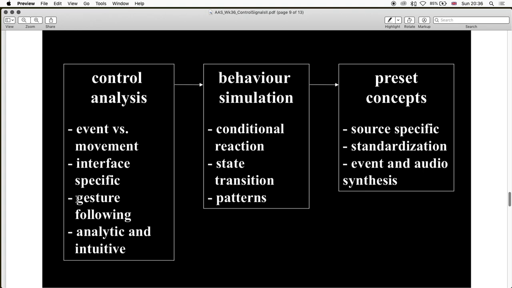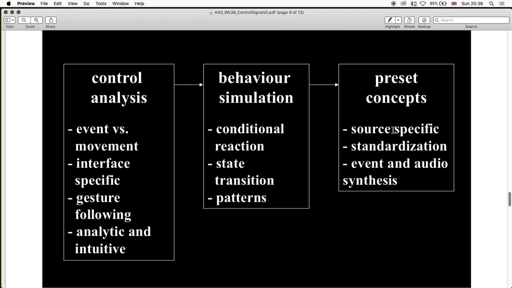That's the domain of gesture following. A huge amount of research there, different algorithms, complex stuff that we don't go into right here. And as I've mentioned, you can do this analytically by design, or you can do it intuitively, just taking the control signal processing modules that we've looked at, and have some fun with those, to try to get something useful.